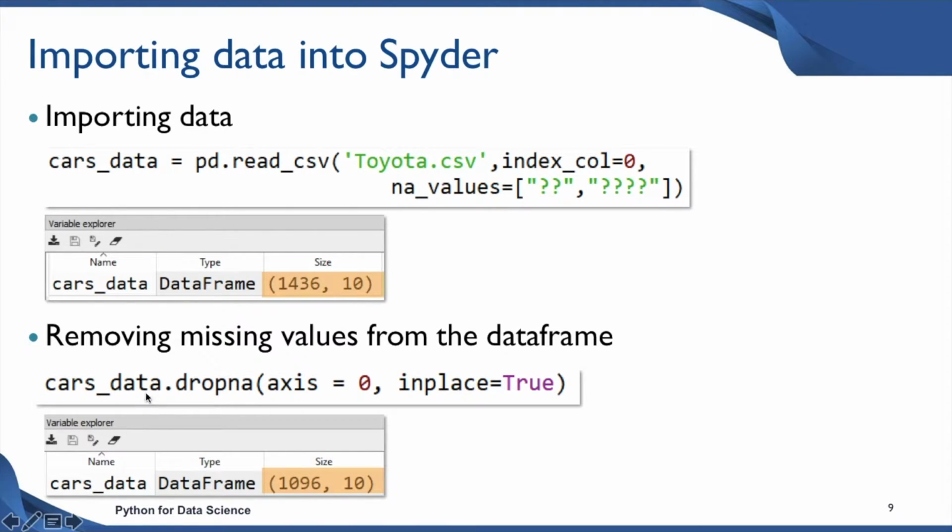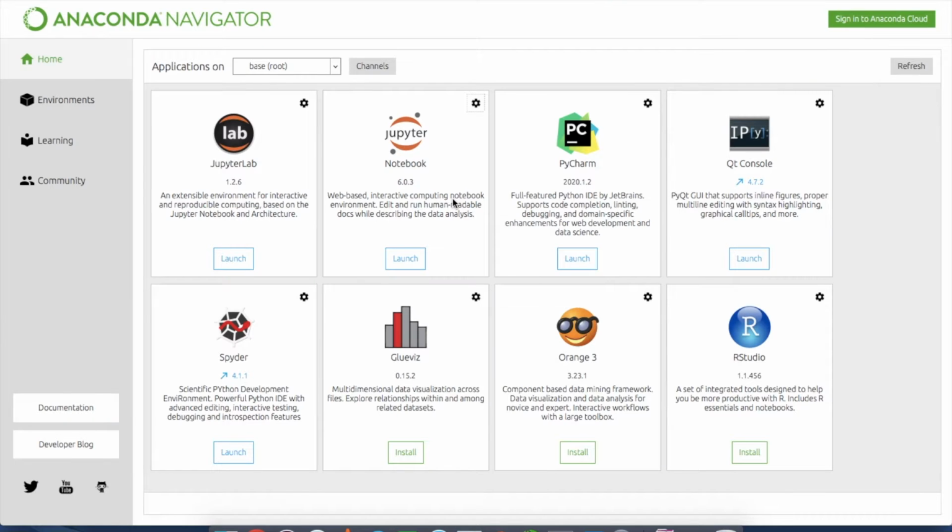And we have also dropped the NA, which makes us drop the rows, and the resultant size is 1096 rows and 10 columns, right? So this we have already seen, to make it at index 0 position, right? And the junk values are being replaced by NA values. So this is how we import our data, right? So let us see this in practice, right?